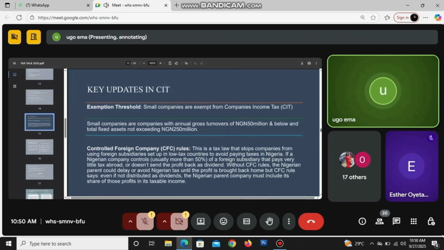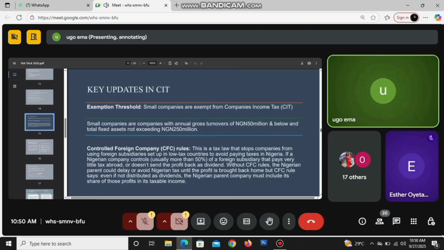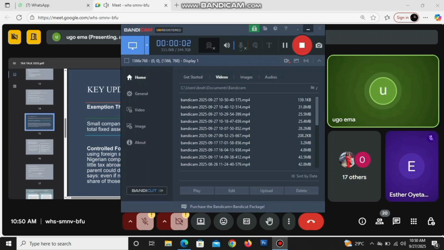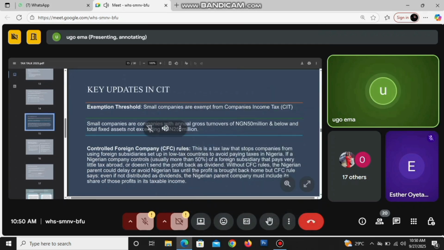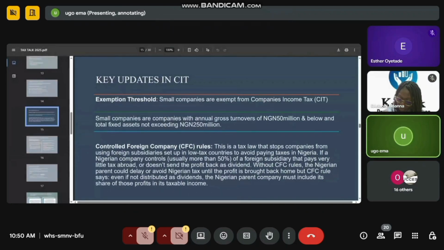For small companies, it has been expanded. Small companies are now regarded as companies with a total turnover of 100 million naira and below, and total fixed assets of 250 million naira and below. So these two conditions must be met. What if you have a turnover of 100 million naira and above?